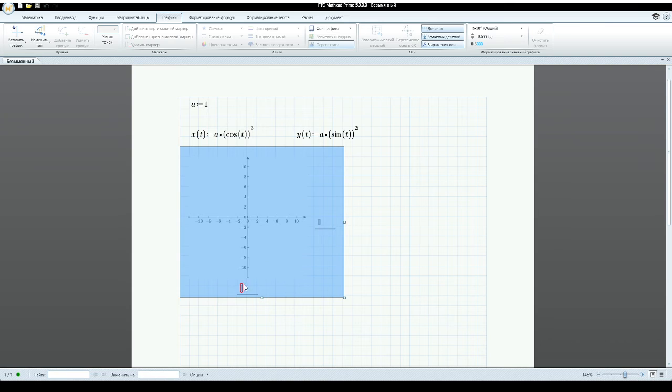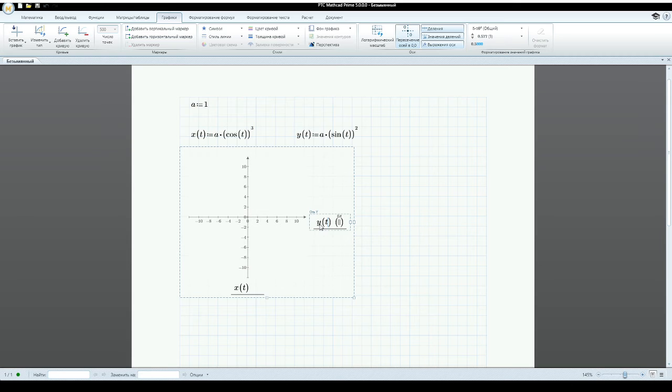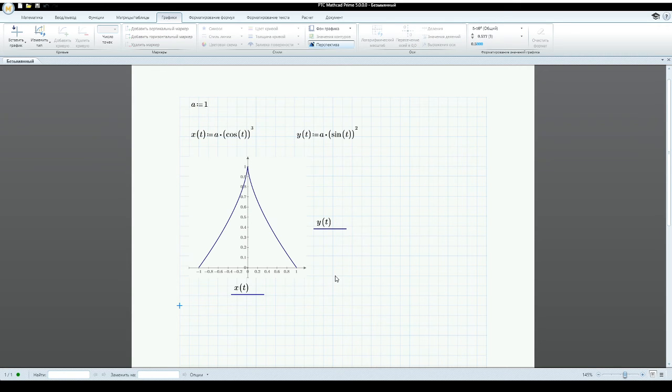Here I write down x of t, and here y of t, and plot it maybe from -1.